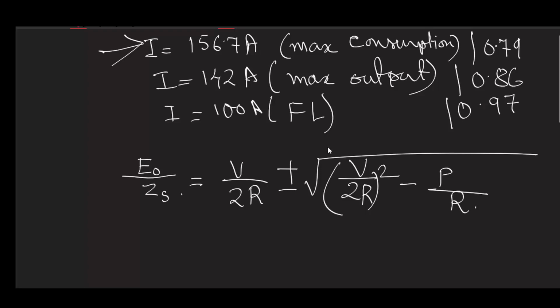Here PD is equal to PM by 3, the per phase mechanical power developed, and if you do this you will get the value of E naught.